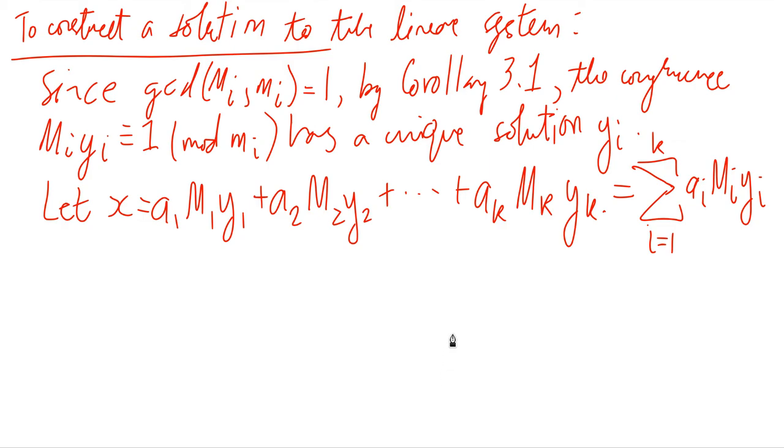Now we will need to show that x is a solution of this linear system. Since we have let x here, this certain x, we're going to show that this is a solution for our linear system.